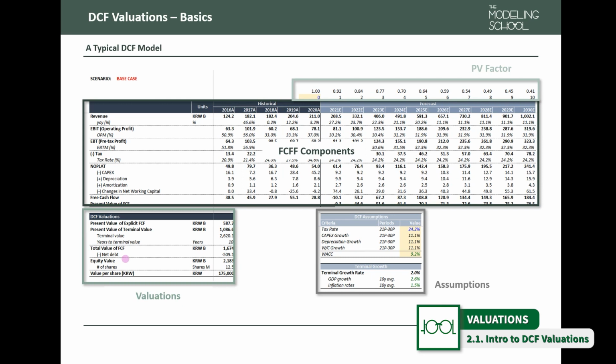Our goal in DCF valuations is to figure out the per share value of the equity value of Phil and Talks, which we have been studying over and over for the past few hours.